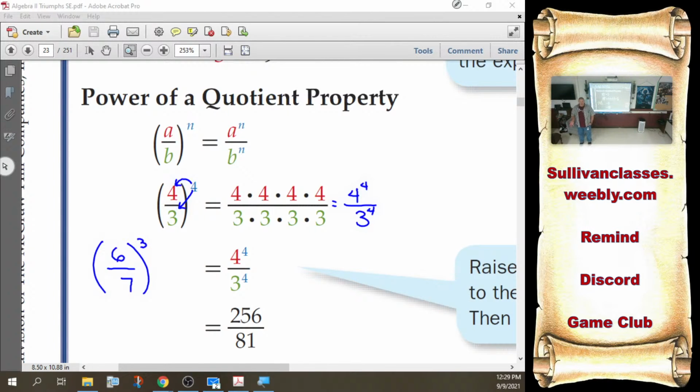They both get that exponent. This is now 6 to the 3rd over 7 to the 3rd. Everyone better have a calculator next to them in my class. Press that button. And don't you dare tell me the decimal. Figure it out.